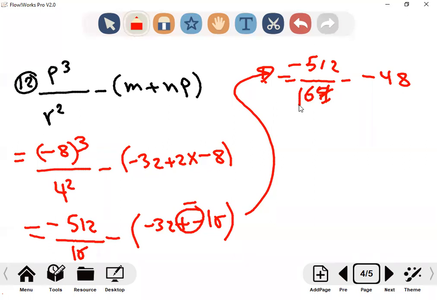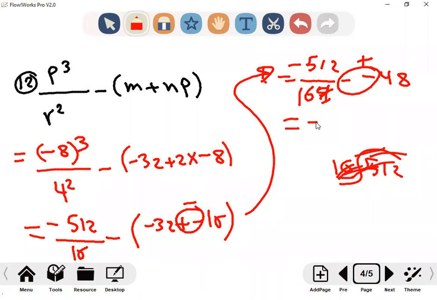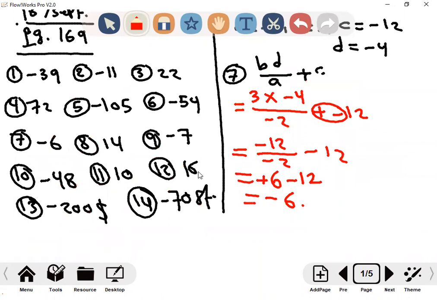Now subtract here, two negatives, it will be positive. Now let's divide 512 divided by 16. Negative 32 plus 48, how much? Positive. Let me check the answer. Yes, positive 16.